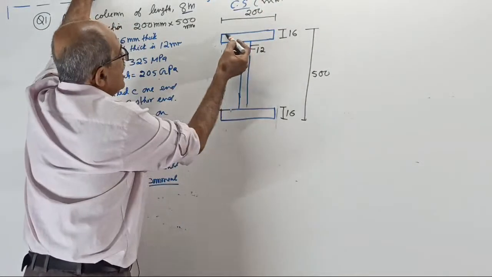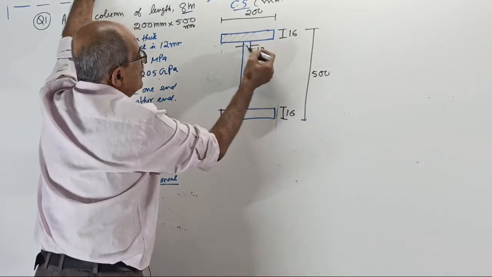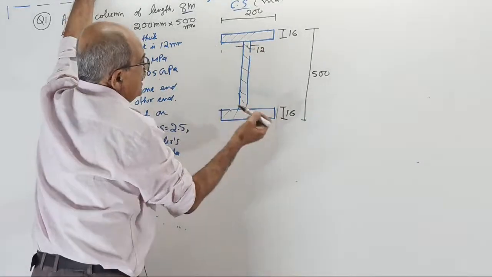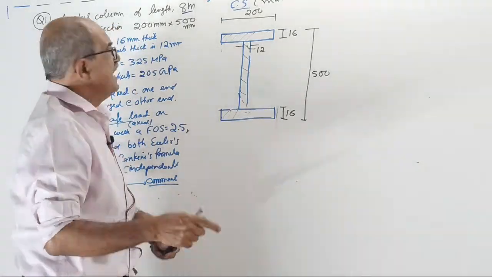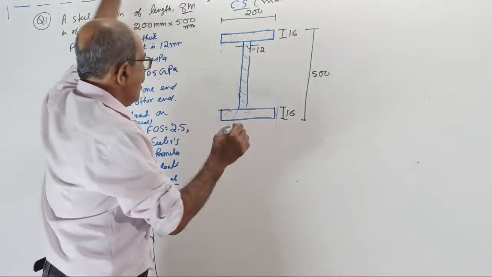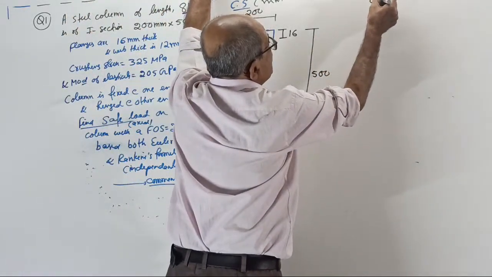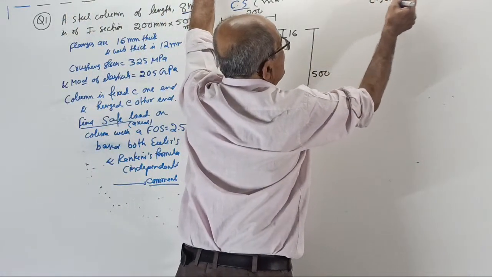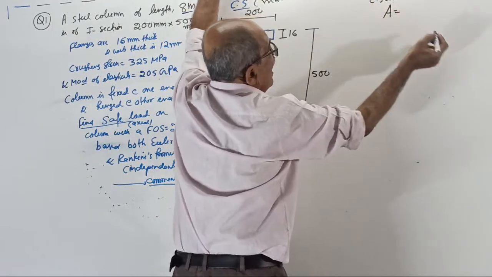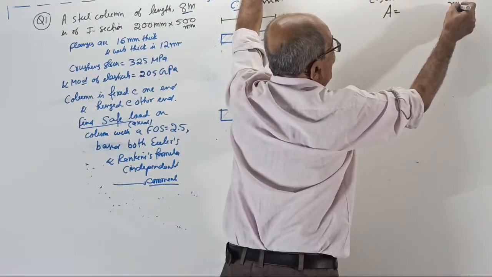Now, consider three parts here. You can do whatever you want. First I write, what is the cross-sectional area A? I want area in millimeter square. One number I want.